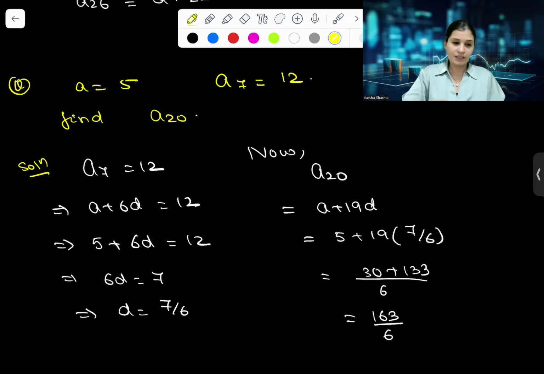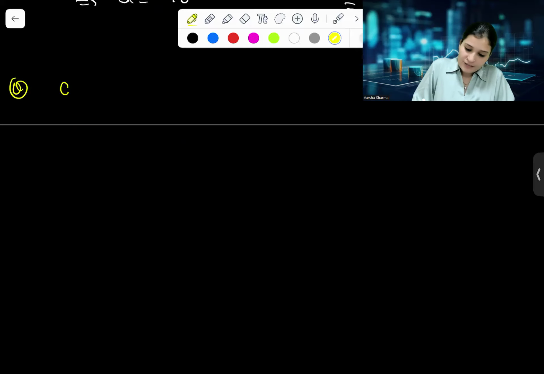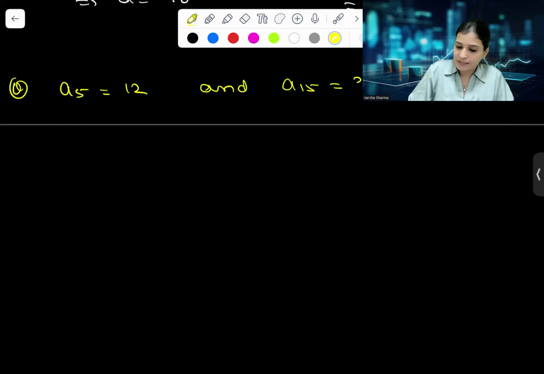No, ma'am. Now, two terms will be missing. Using the two conditions, we need to find both A as well as D. Question. The fifth term is 12 and the 15th term is 32.